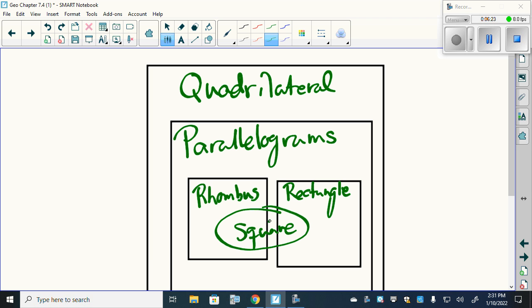So a square can be a rhombus, but not every rhombus can be a square, only if it has four right angles. Any other rhombus will not be a square. Can a square be a rectangle? Yes, but not all rectangles can be a square.